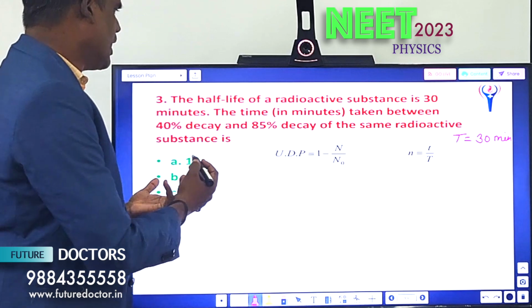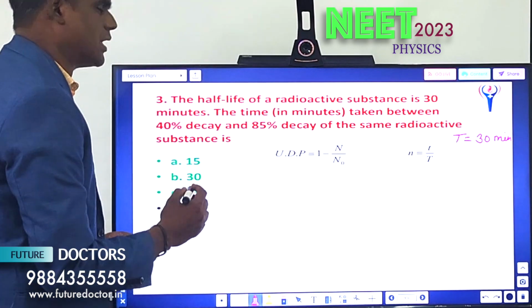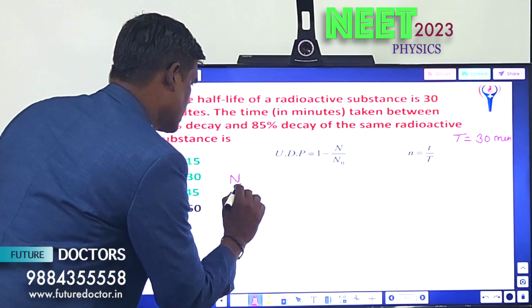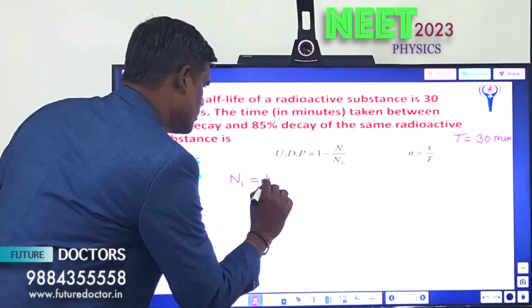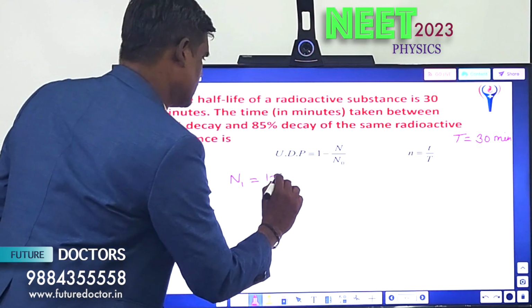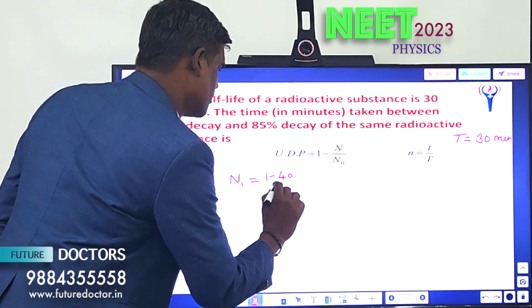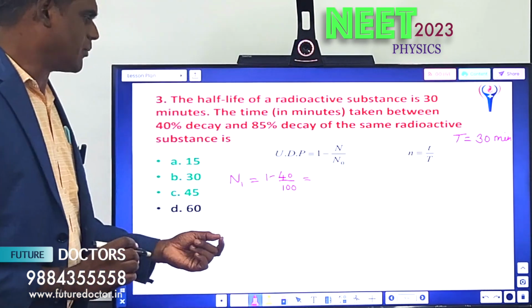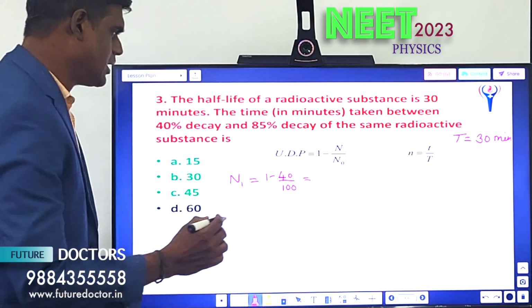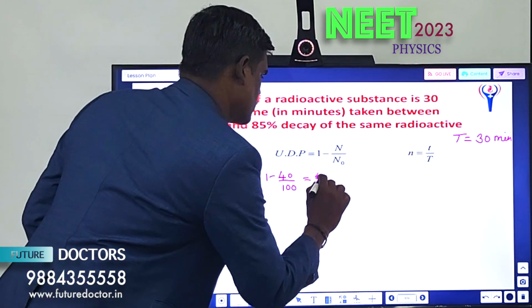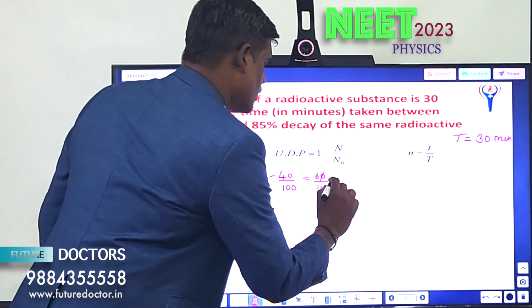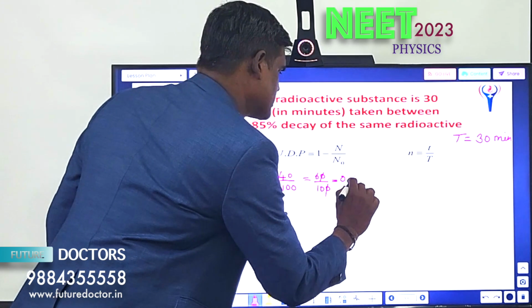And 1 minus 40%, that will be N1. N1 equal to 1 minus 40 by 100, which is 100 minus 40, 60, 60 by 100. 0, 0 getting cancelled. Then 6 by 10 is 0.6.